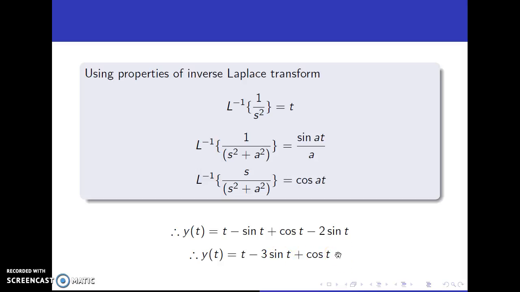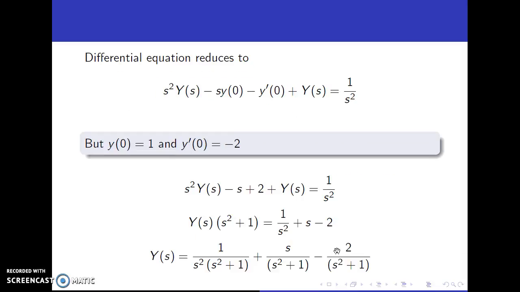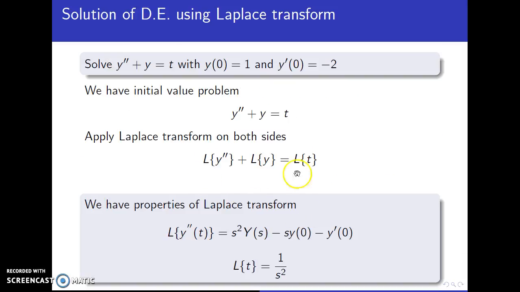Which is nothing but the solution of our initial value problem, that is y double dash plus y is equal to t. So this is the procedure to solve the differential equation. It involves three major steps. First, apply the Laplace transform on both sides.